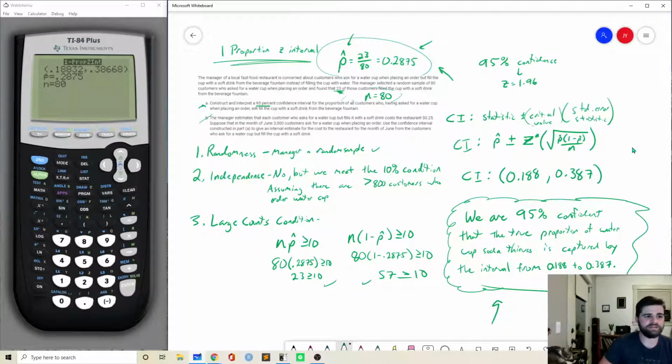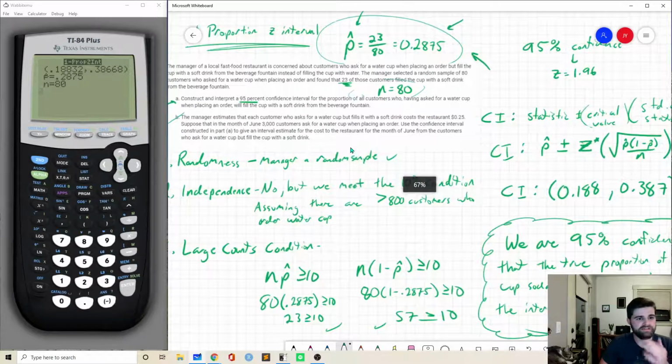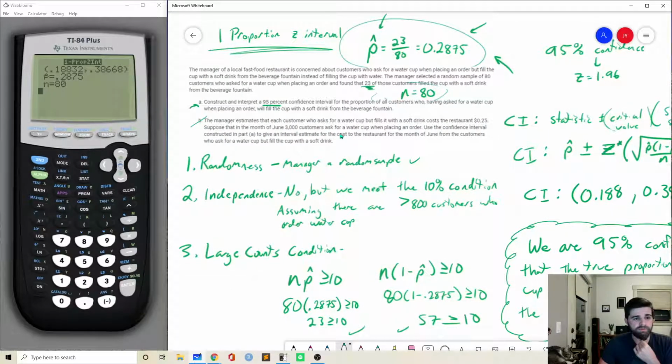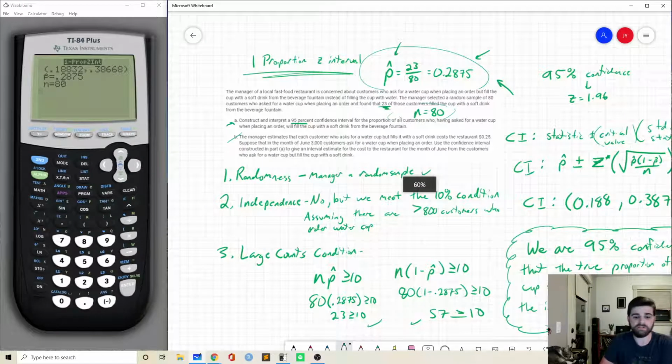We're not going to do part B, but it's kind of interesting, so I'll look at it really quick. It says he wants to know how much money is being stolen from him, basically. So he says each water cup stealer costs the restaurant 25 cents. It says in June there are 3,000 customers who asked for water. So you can use the confidence interval to give an estimate of how much money was lost.